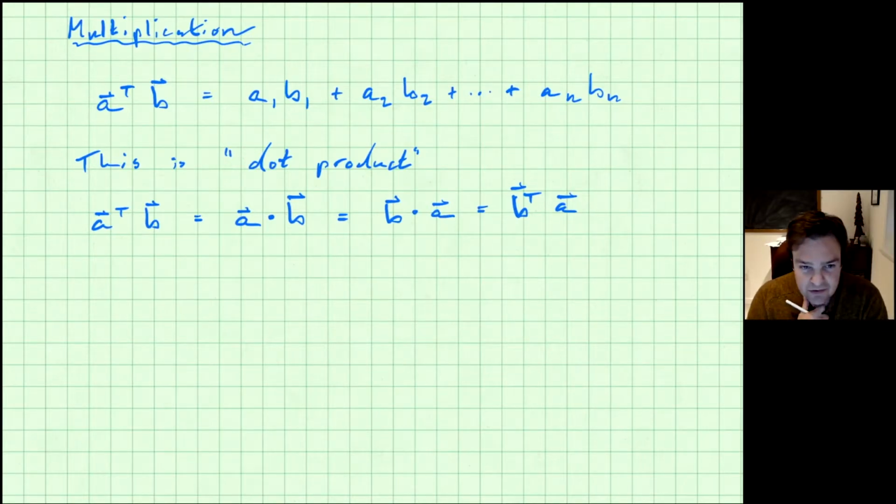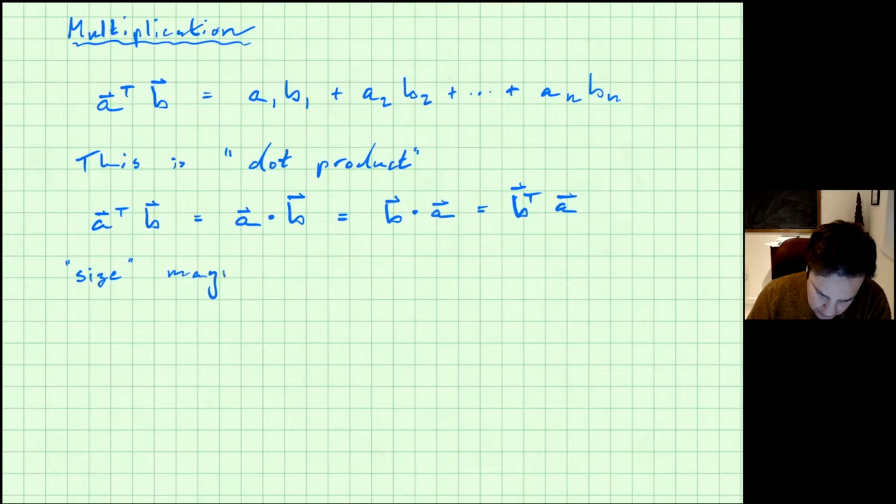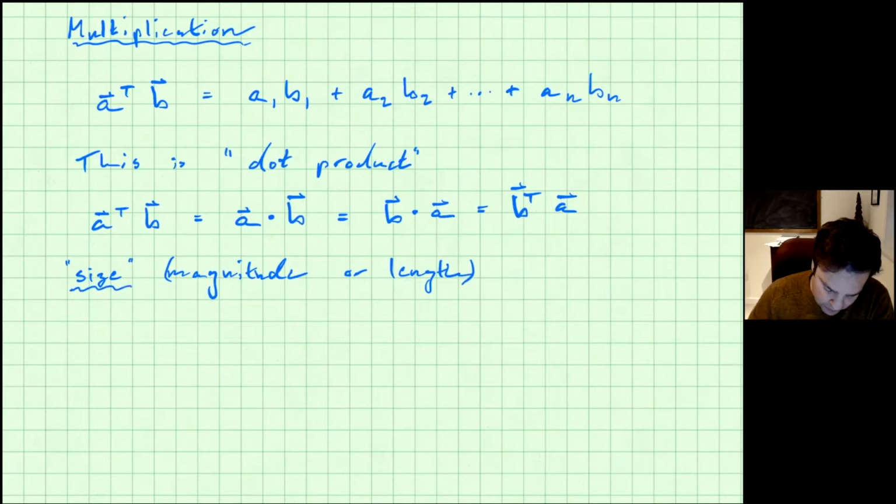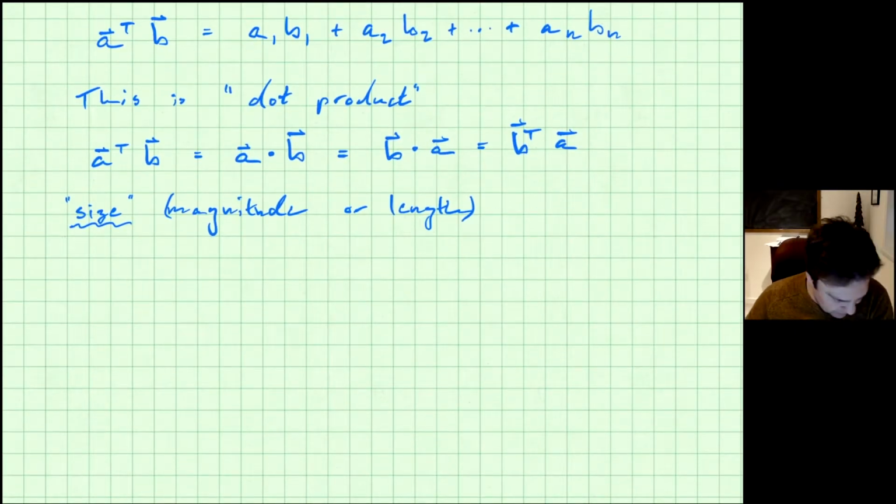Now, with matrices and scalars, we had some notion of size where you put vertical bars on either side of the thing. And we'll have the same thing for vectors, but it's a different definition. So size, which I'll put in quotes. Usually people don't call it size, they call it magnitude or length. That's a word that has meaning and makes sense, that we'll introduce for reasons that we'll discuss in a second.